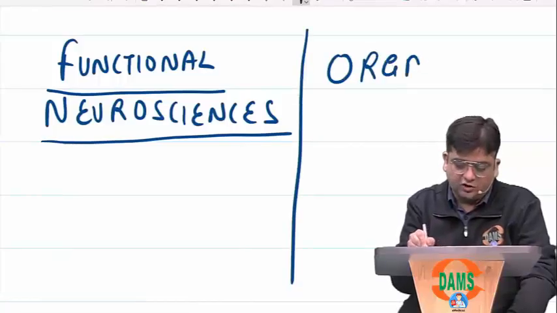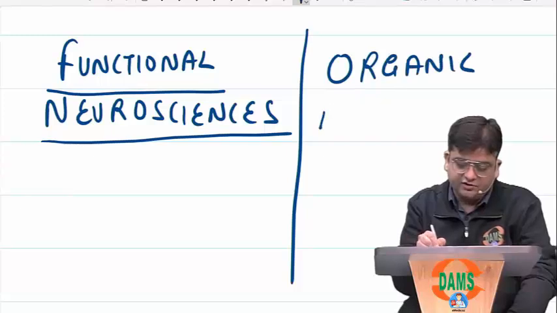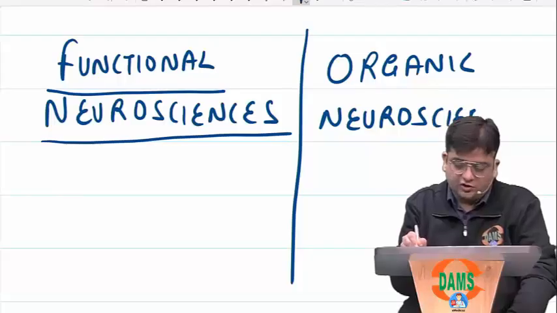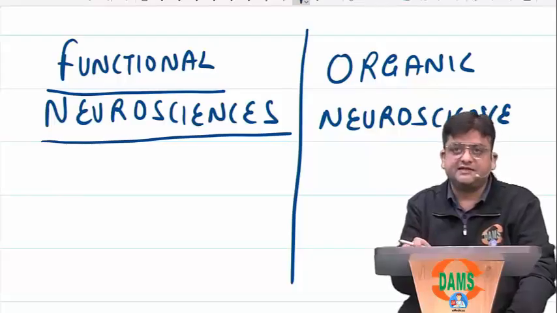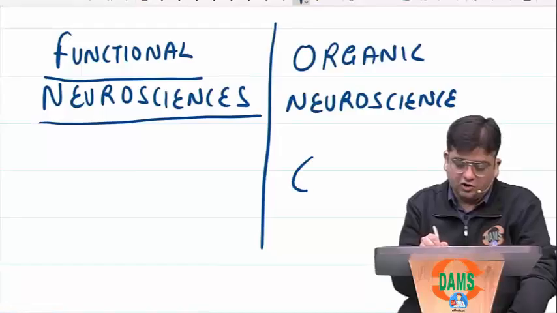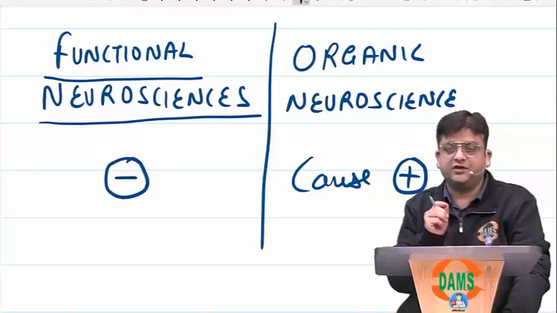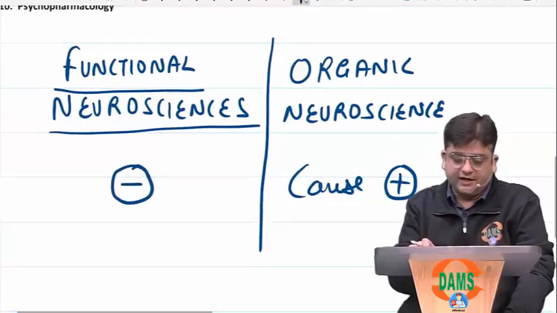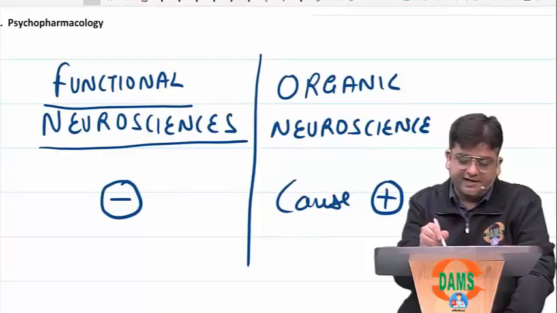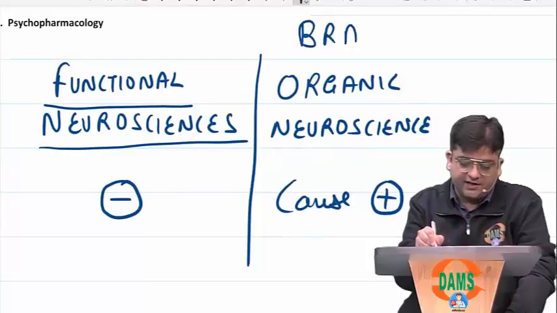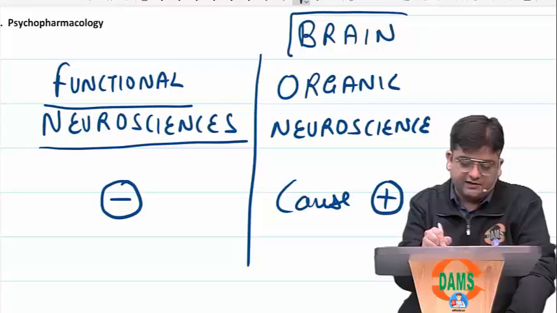One is organic neuroscience. Organic means where the cause is known, and functional means where the cause is not known. The brain disorders come under organic.